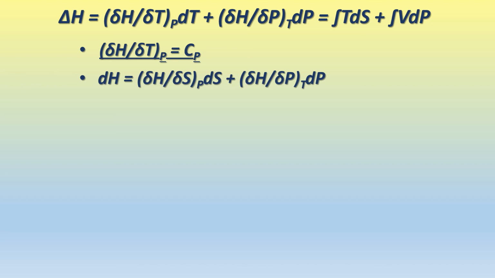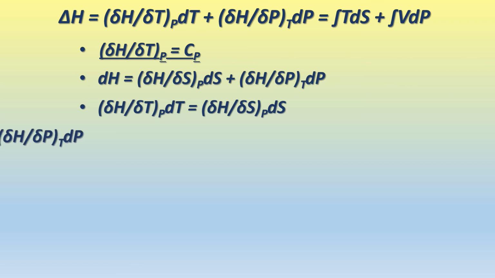dH is also equal to the partial of H with respect to S at a constant P, dS, plus the partial of H with respect to P at a constant T, dP. So H with respect to T at a constant P is equal to H with respect to S at a constant P, dS.